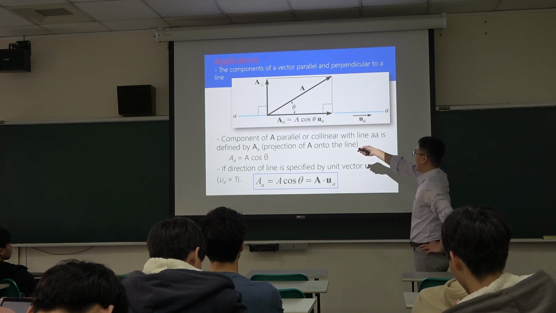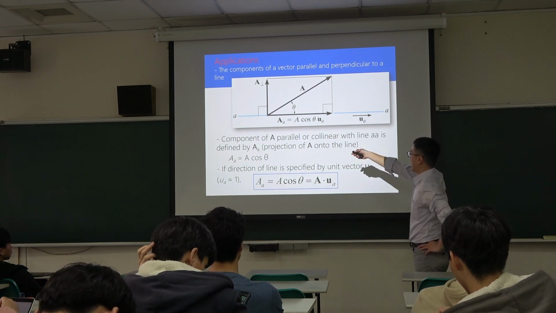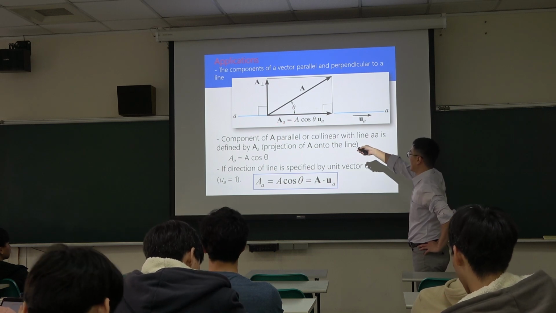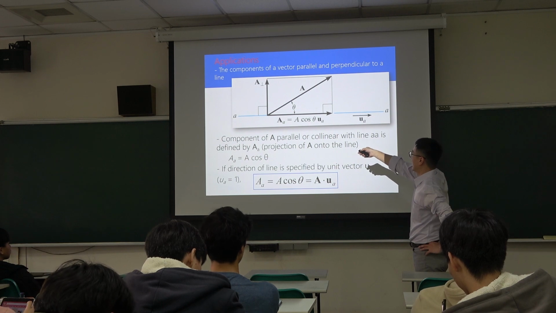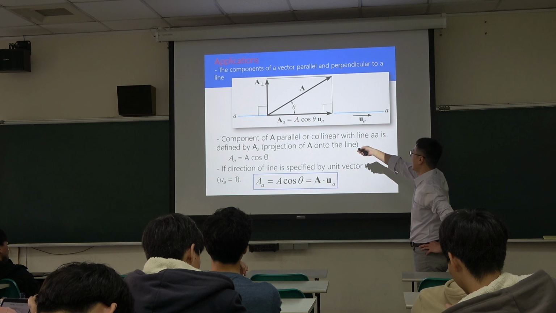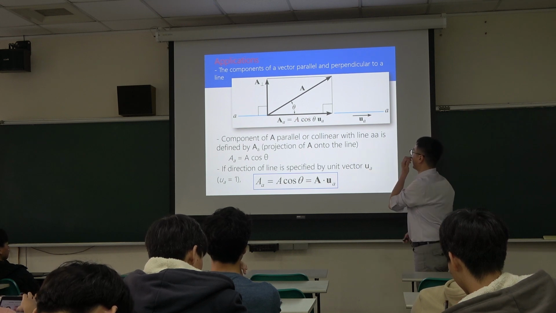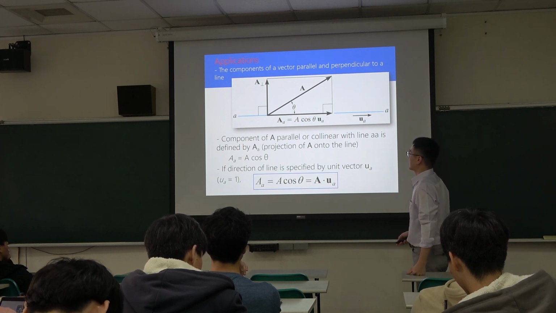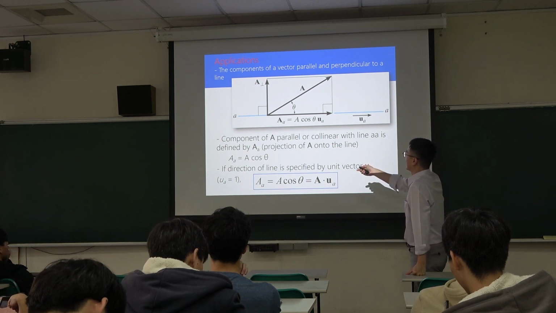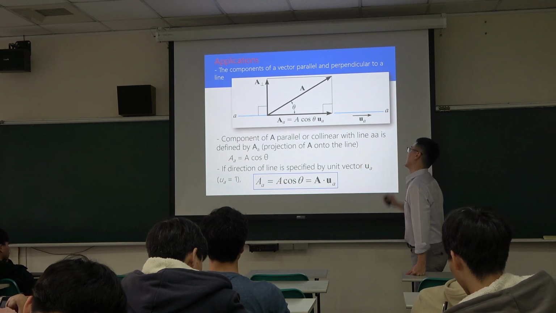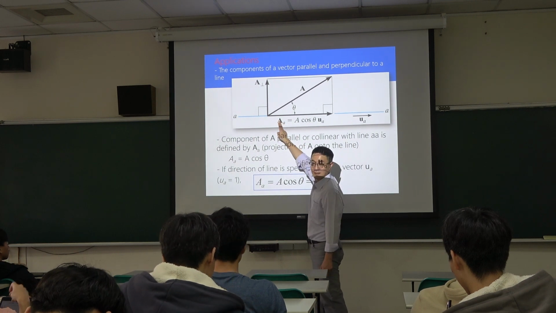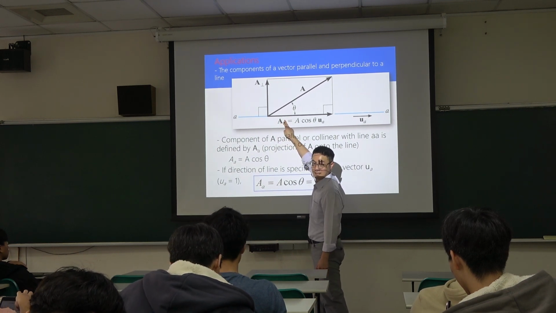Okay, so AA can be represented by A cosine theta. Okay, it's scalar. A cosine theta. Here is a vector because it's a unit vector.